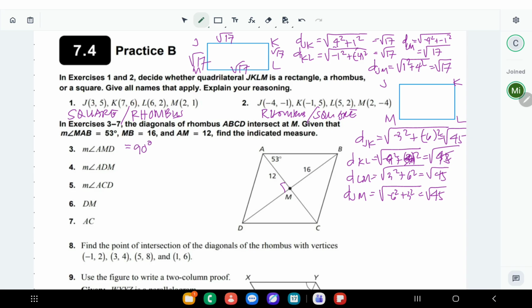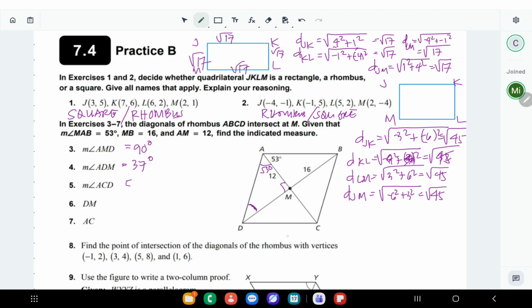Then ADM, this one. The diagonal bisects angle A, so this is 53. So you just subtract 180 minus 53 minus 90, and that is 37 degrees.